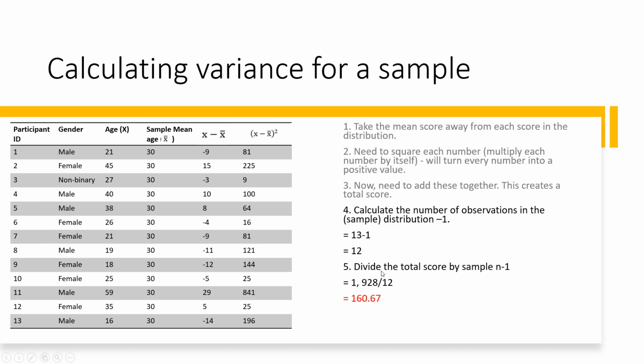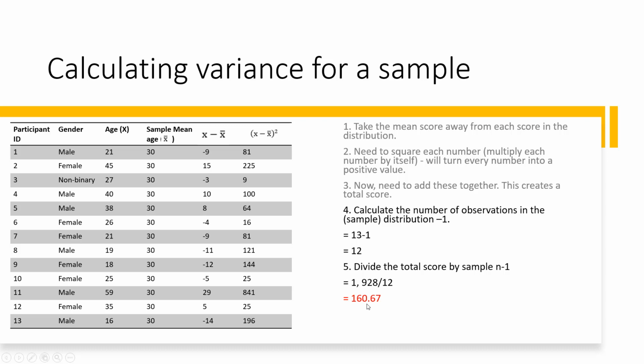So rather than dividing our sum of squares by the number of observations, we first have to look at the number of observations in the sample and take away 1. So we're left with 12. Now we divide the total score, our sum of squares, by 12, and we get a variance of 160.